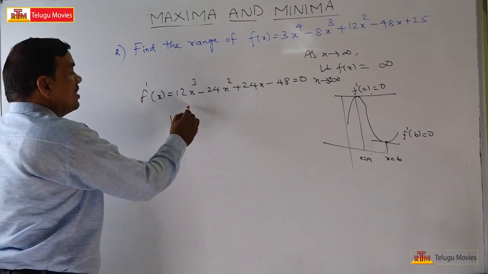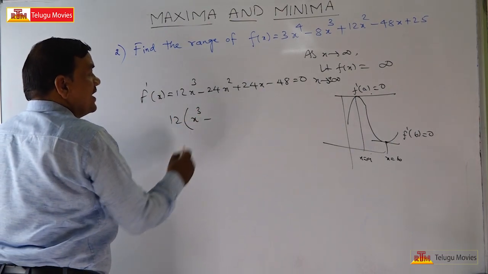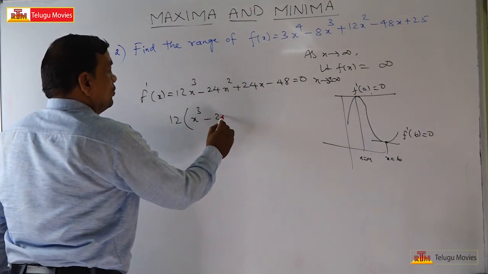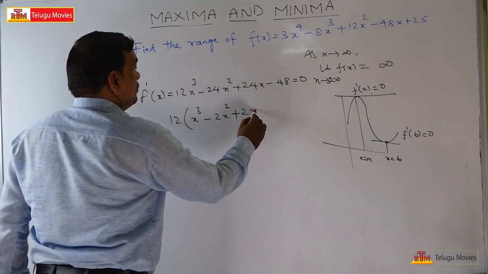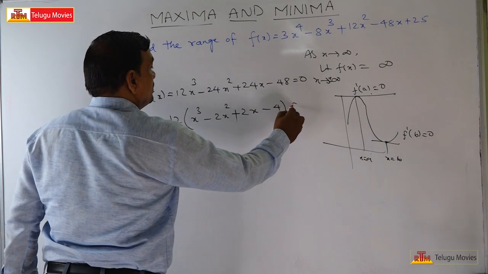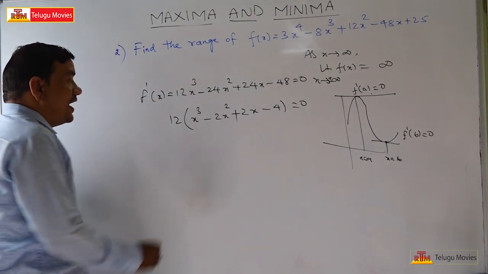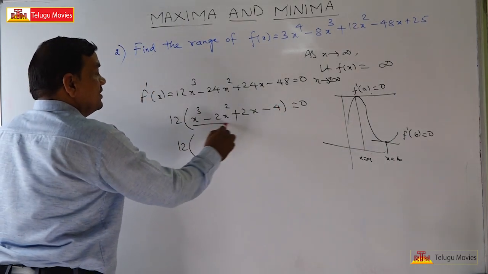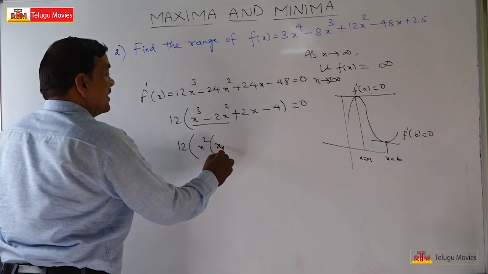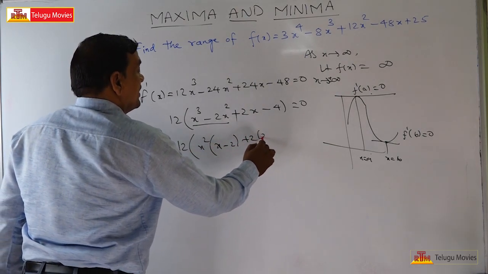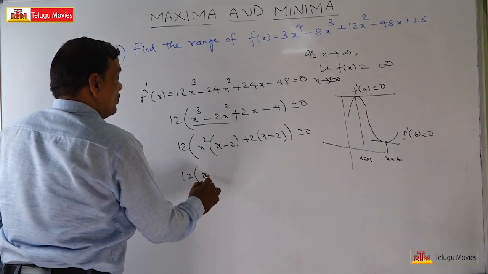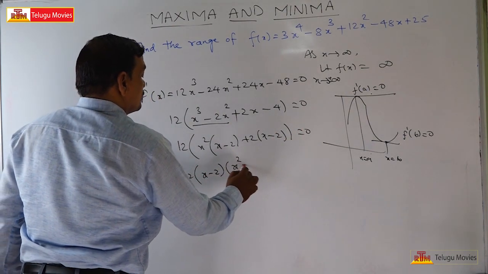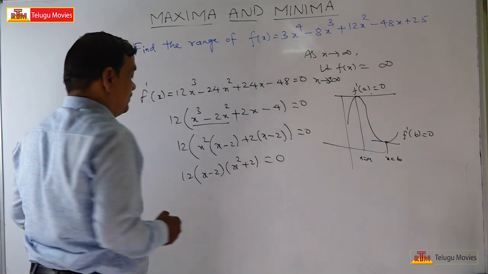You can take 12 common outside: x cube minus 2x square plus 12 2s are 24x minus 4 is equal to 0. Again you can take x square common from this: x minus 2, plus 2 common, x minus 2 is equal to 0. So 12 into (x minus 2) into (x square plus 2) is equal to 0.